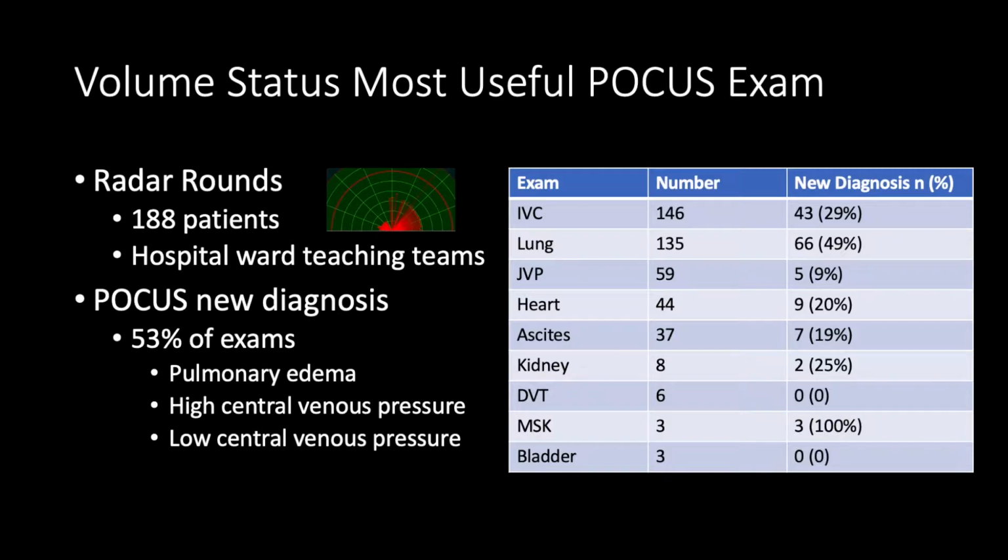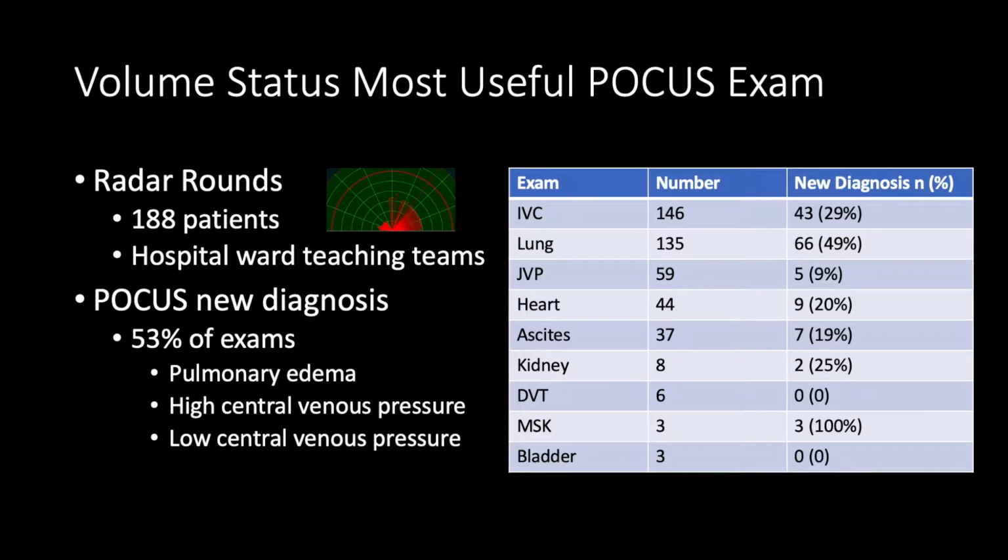Volume status really is the most useful point-of-care ultrasound exam for hospitalists. When I looked at the first 188 patients I scanned during radar rounds at my hospital, I auto-consulted on our teaching teams to try to find patients where ultrasound could really help the attendings, residents, and medical students with their exams, diagnosis, as well as management plans.